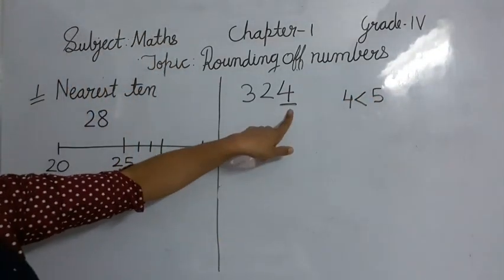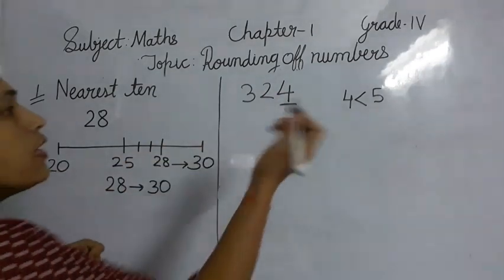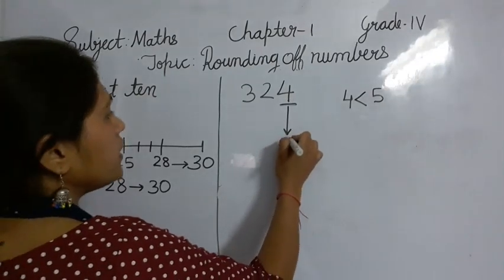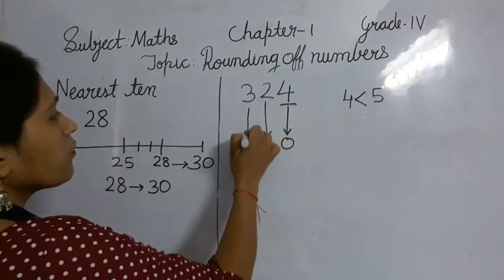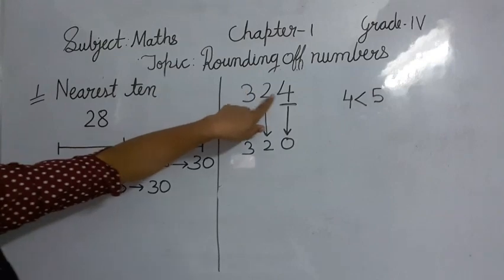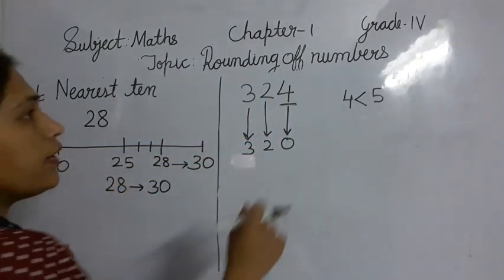I told you if the ones place is less than 5, no need to do anything. Only replace this digit with 0 and the rest of the digits stay the same. So the rounded number of 324 is 320.